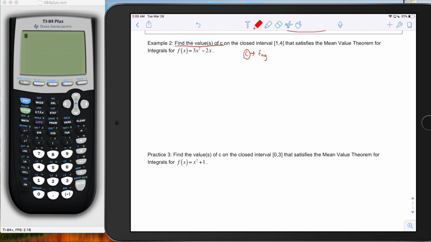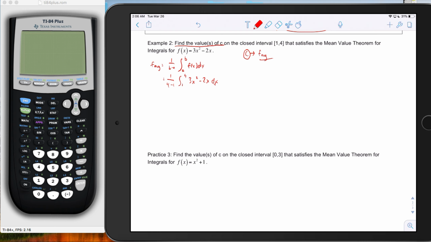Okay, so the first thing we want to do is let's find the average. So the average is going to equal 1 over b minus a, integral a to b of the function dx, which is equal to 1 over 4 minus 1, integral from 1 to 4 of 3x squared minus 2x dx.